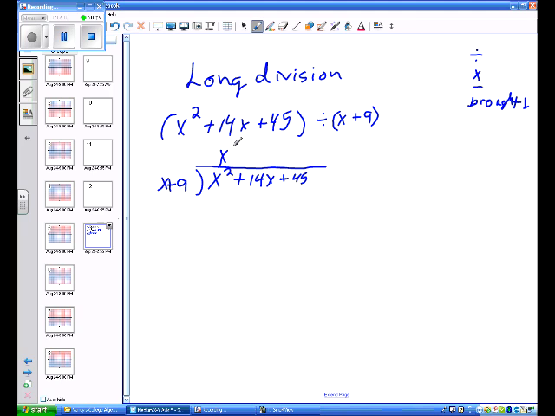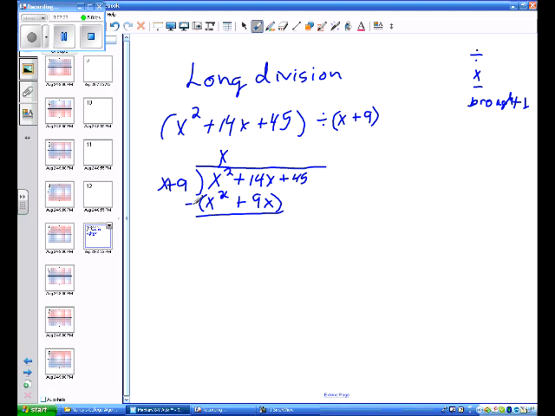Now we're going to multiply. So x times x is x squared. X times positive 9 is 9x. Now, in this case, we're going to subtract, and I'm going to put that in parentheses for right now.